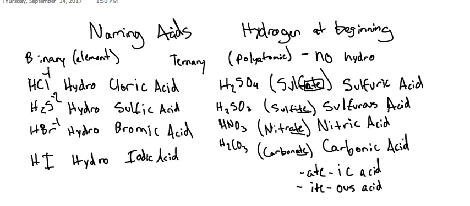We are not going to write hydro at the beginning. And if our polyatomic has the ending of ate, we will be attaching the suffix of ic and then adding acid to the end. And if our polyatomic has the suffix of ite, then we will be attaching ous and then acid. And that is how we name acids.